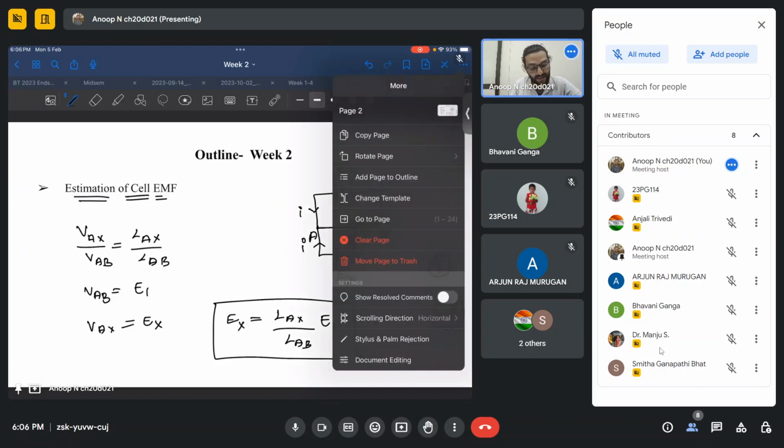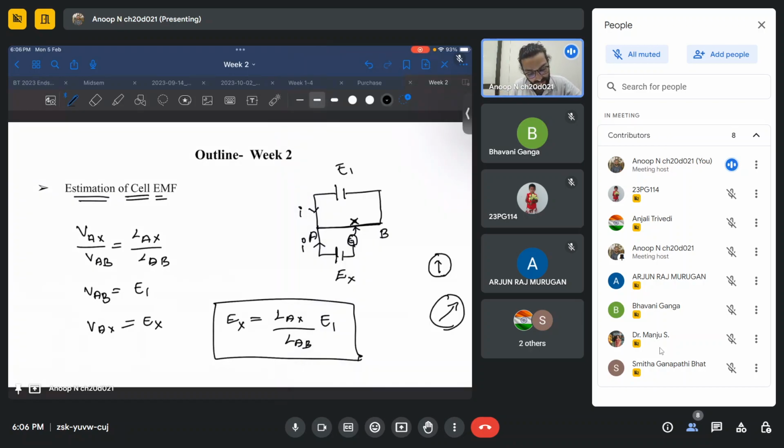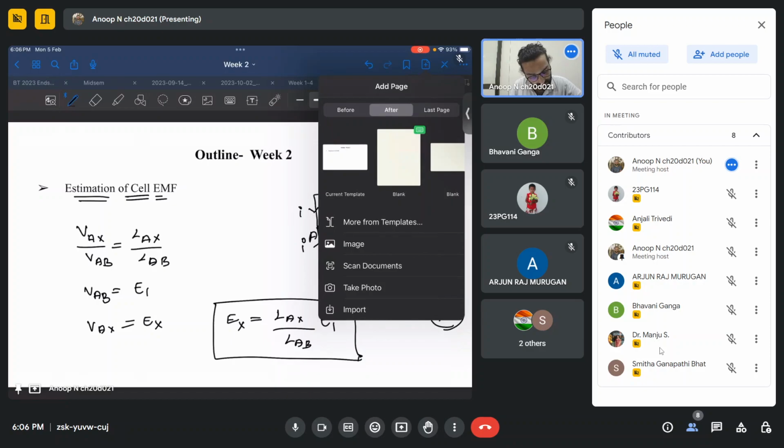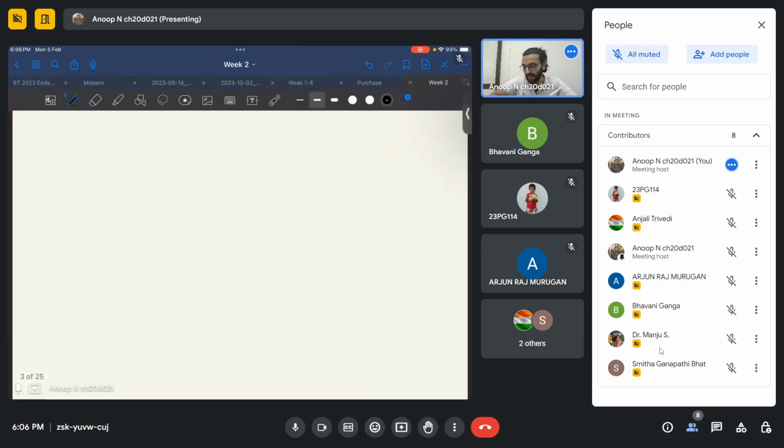One more concept introduced in the class was the standard Weston cell. What is that? So we have two compartments.